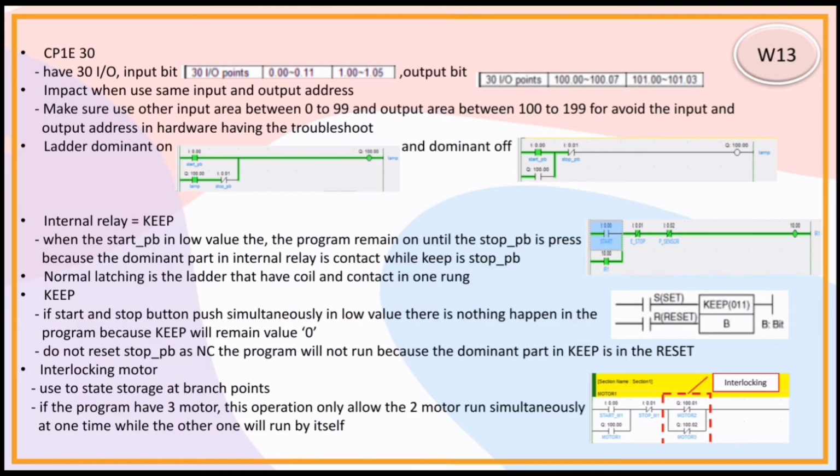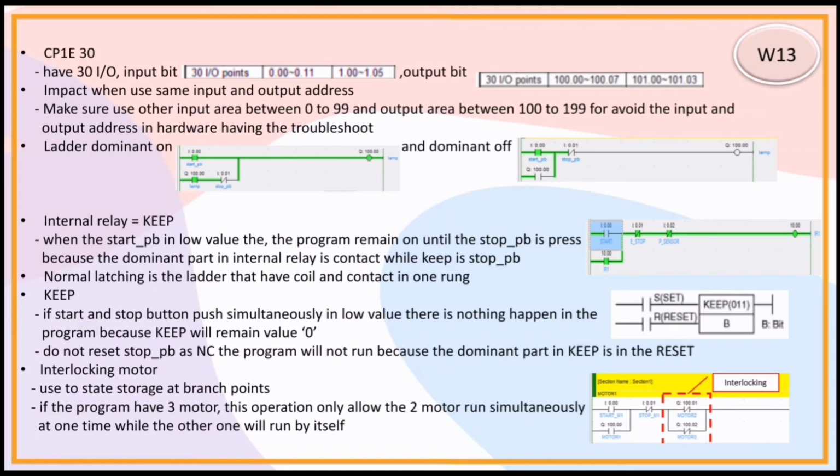We also know about the latter dominant on, which is when we push the start and stop button as a high value, the program will still be on, while dominant off is when we push the start and stop button as a high value, the program is still off. We also revised the similarities of internal relay and keep.